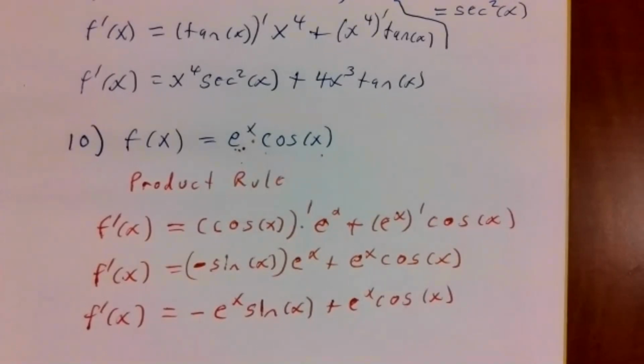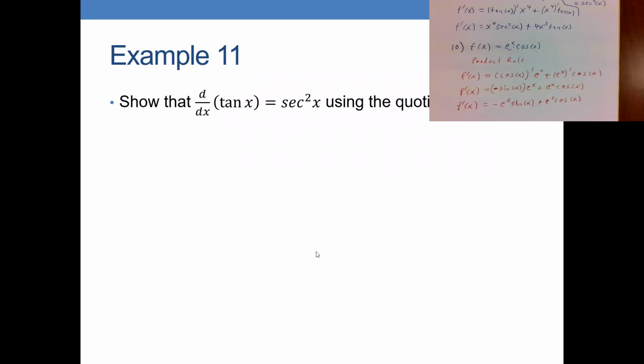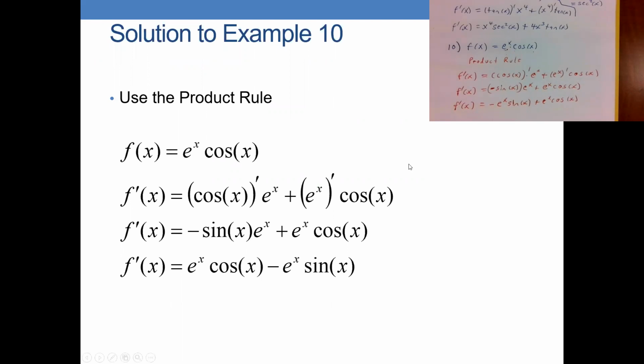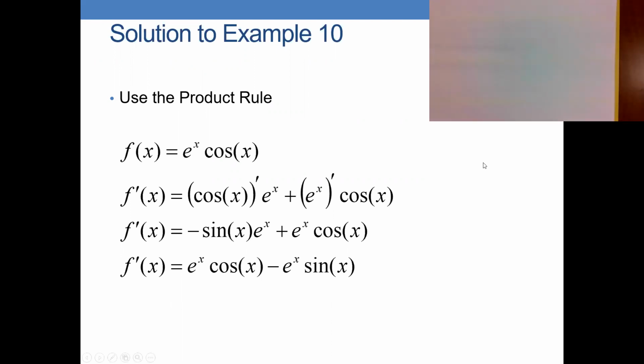Okay, we got someone else in. I am on section 3.3, and we're covering the derivatives of the trig functions. And we just completed that one. Okay, I'm going to go to the next one then.